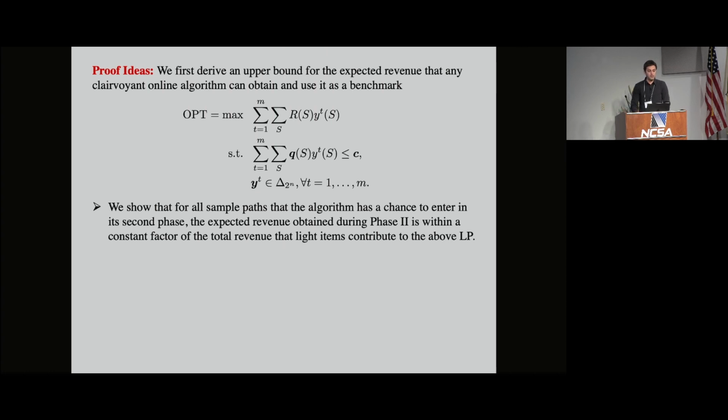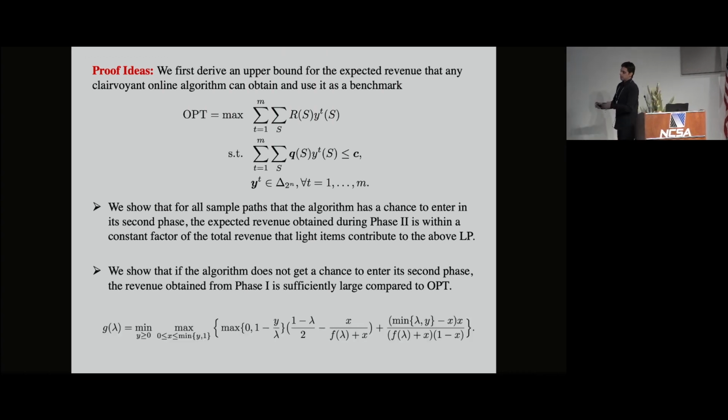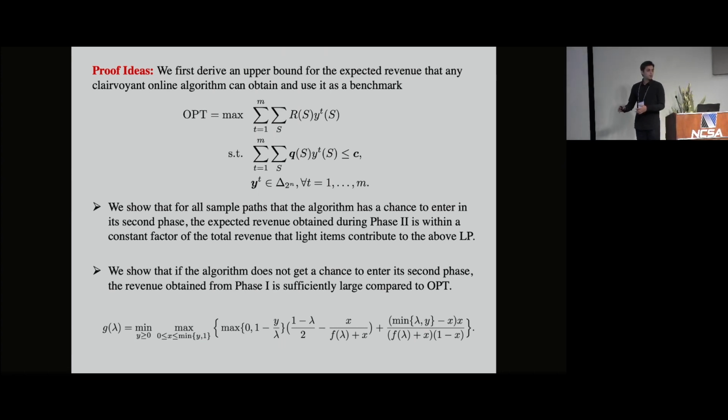And moreover, if the algorithm doesn't get a chance to enter its second phase, the revenue that we obtain from selling heavy items is large enough to still be competitive with the optimal value. Putting these two pieces together, we get a complicated relation based on all the parameters we have in the problem, and we do some optimization to come up with that constant competitive ratio that I mentioned.